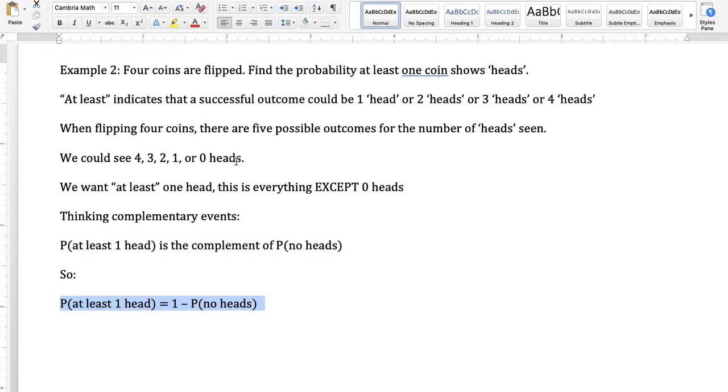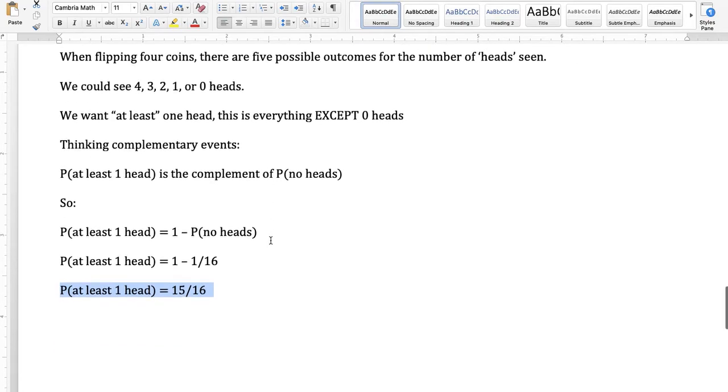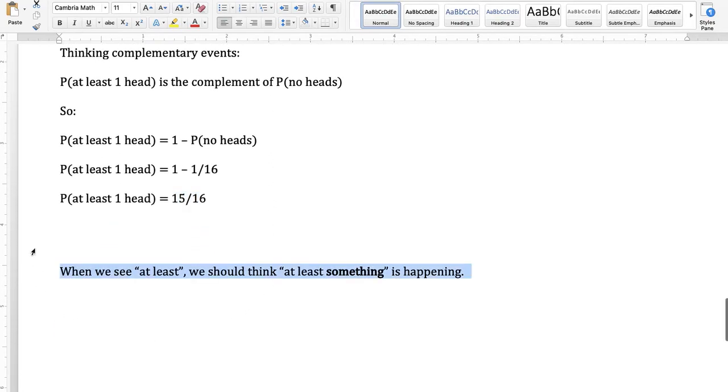Figuring this out, the probability of at least one head would be 1 minus the probability of no heads. That's all tails. That is 1/16. We have 15 over 16. We can think about this: when we see the words at least, we should think at least something is happening. Something is the opposite, the complement, of nothing.